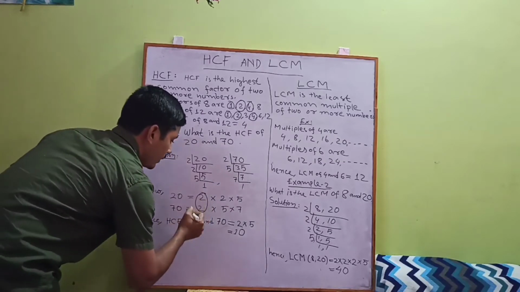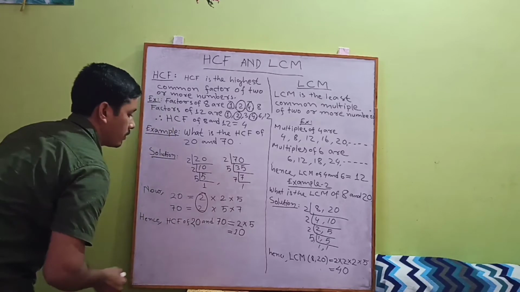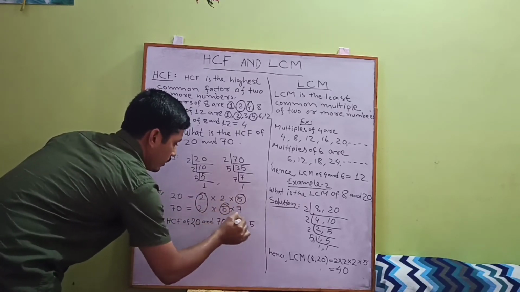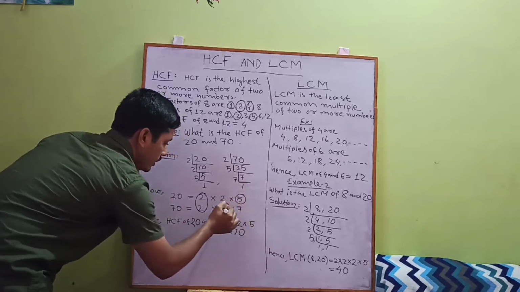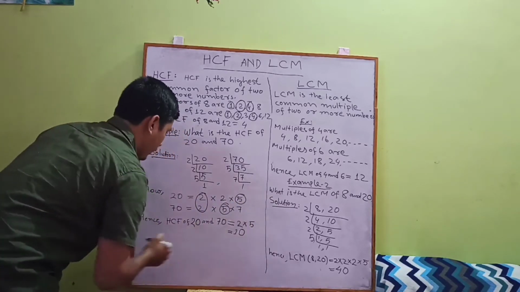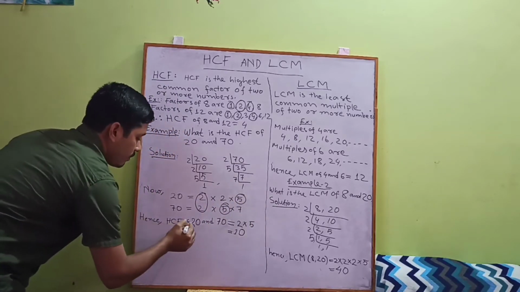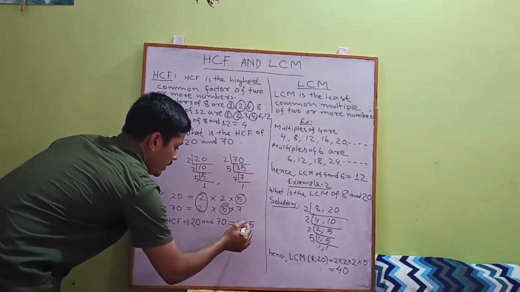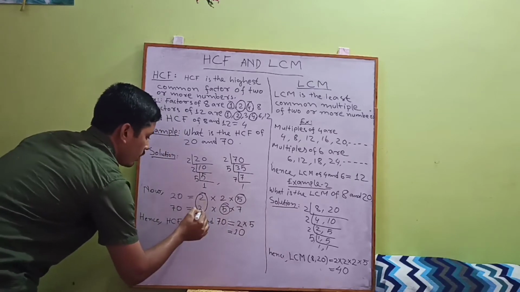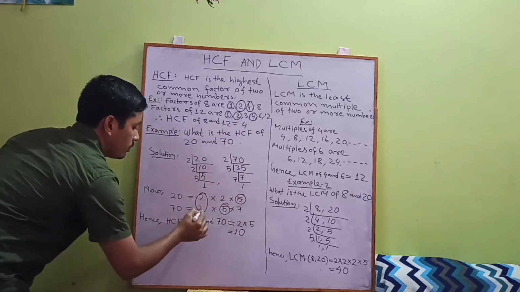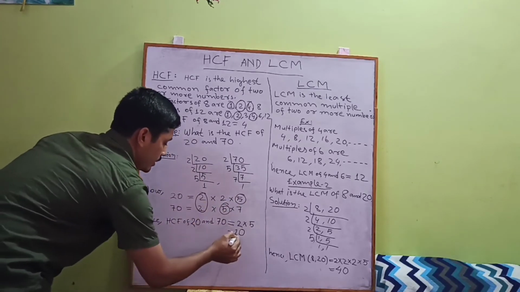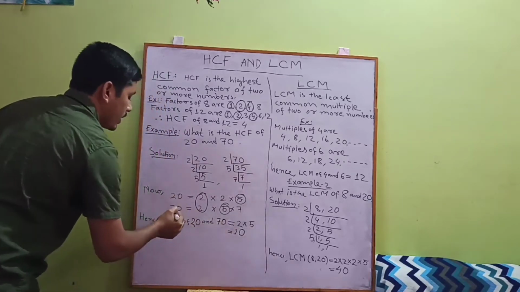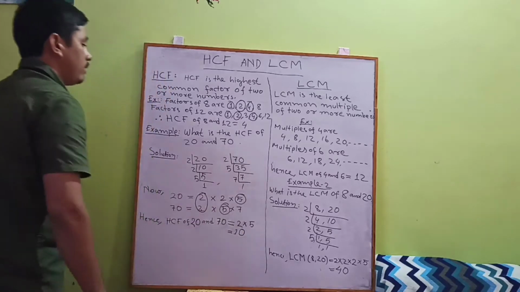Among these, we take one single factor of each common factor: 2 and 5. Hence the HCF of 20 and 70 is 2 into 5, that means 10.